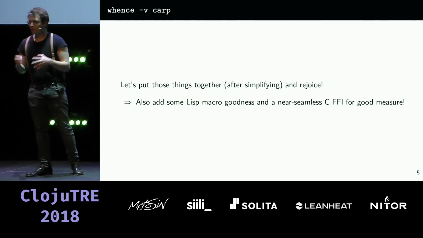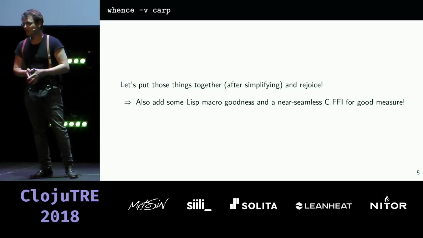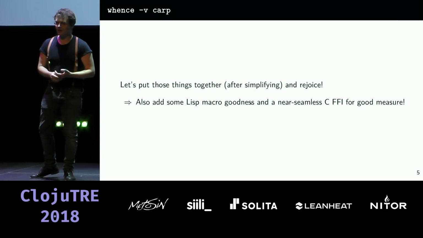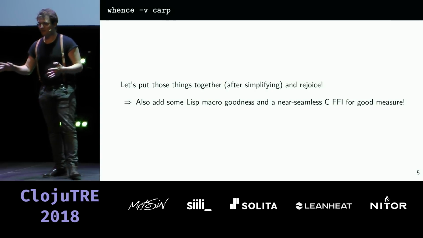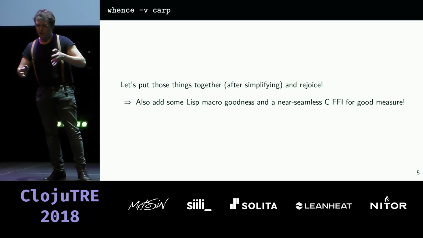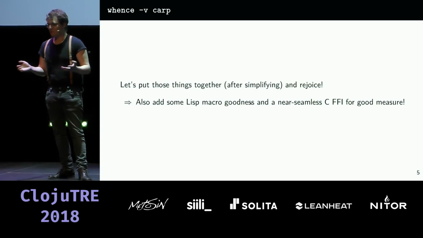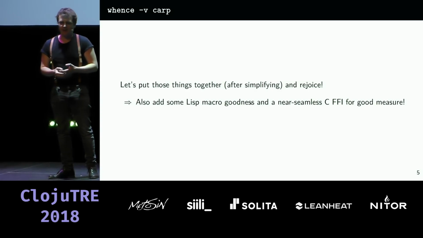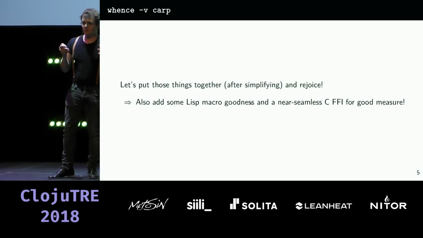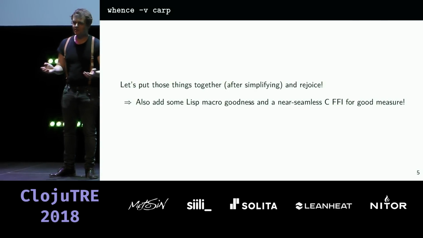Carp puts these things together, adds some Lisp macros, adds a good CFFI, and it also simplifies both of these concepts. Partly, that is because we're a small team of enthusiasts. We don't have the time or the resources to implement all of Haskell or all of Rust.